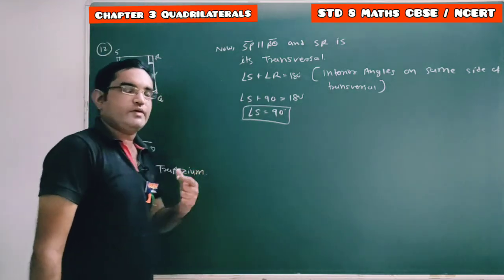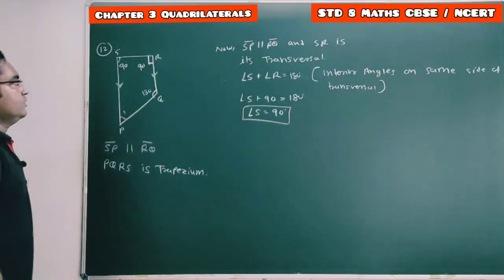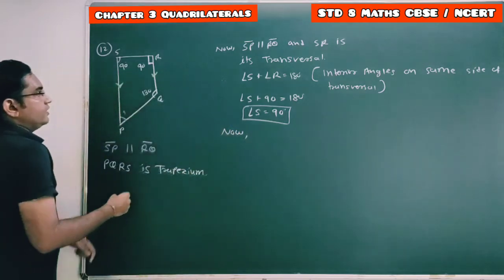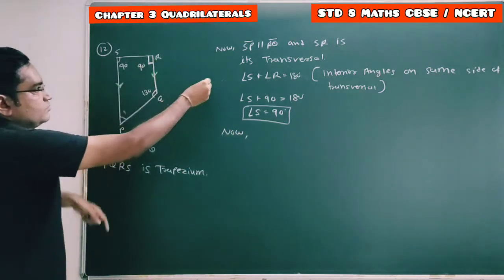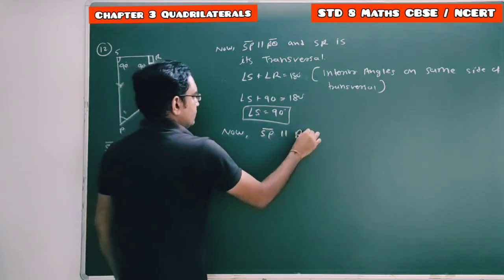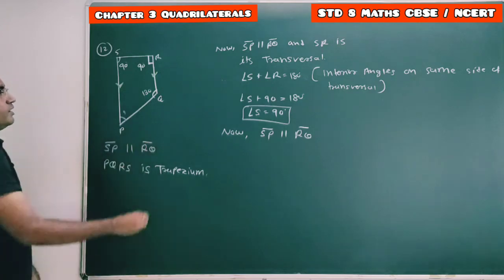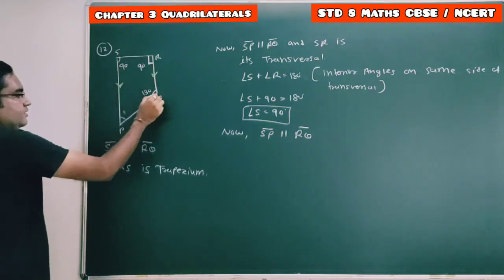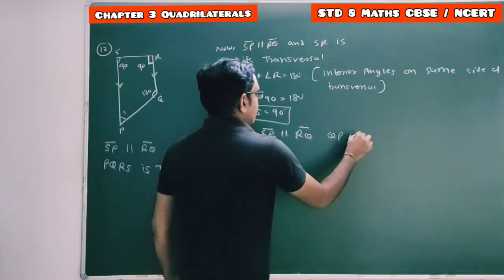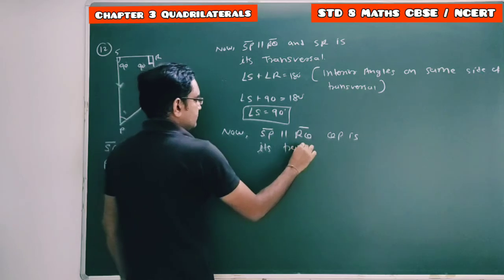Done? The question is to find the values of P and S. S has come. Now in the same way, SP is parallel to RQ, and can we say QP is also a transversal, just like SR was a transversal? In the same way we can say QP is its transversal.